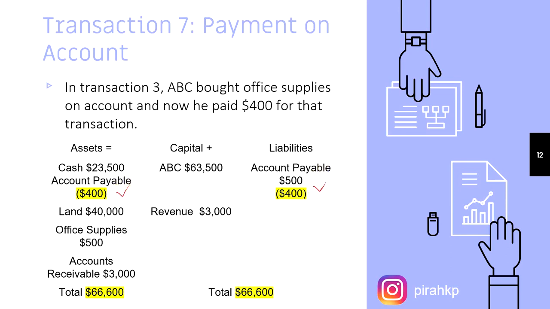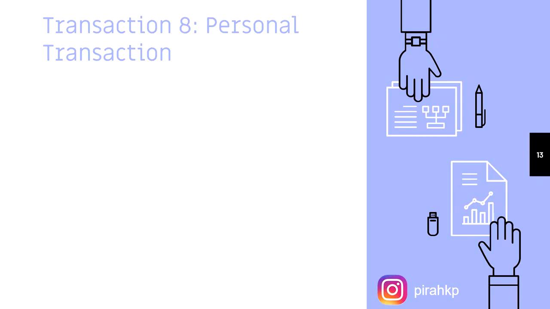We paid $400 of our liabilities. So we are going to subtract it from total liabilities as well. So there were $500 and then we subtracted $400. Now over here as well, our total is 66,600.